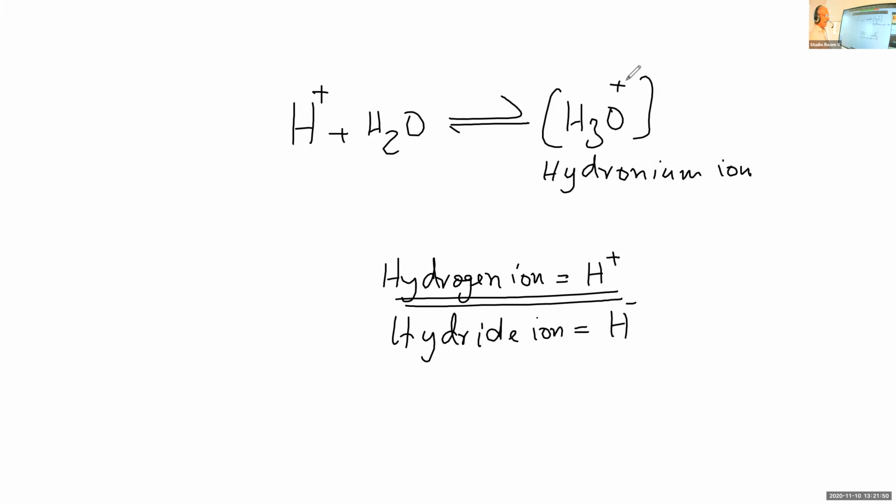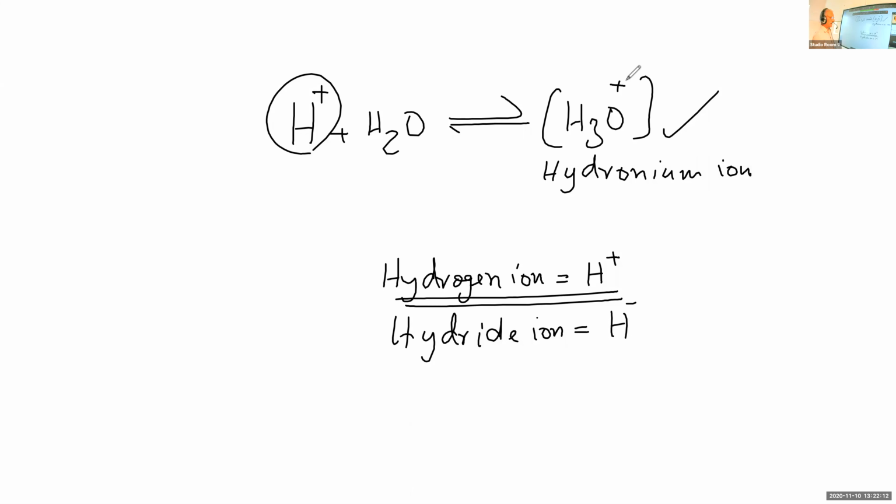Actually, in aqueous solutions of acids, there will be hydronium ions instead of free H plus ions, because free H plus ions are not stable.